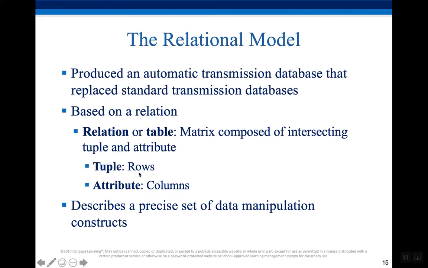Another definition: a tuple is a row. An attribute is a column. So you can think of it as a matrix. In addition, it also establishes a set of rules for how you construct this stuff to be able to get the data out. You can't just slap all this stuff together and expect it to work.